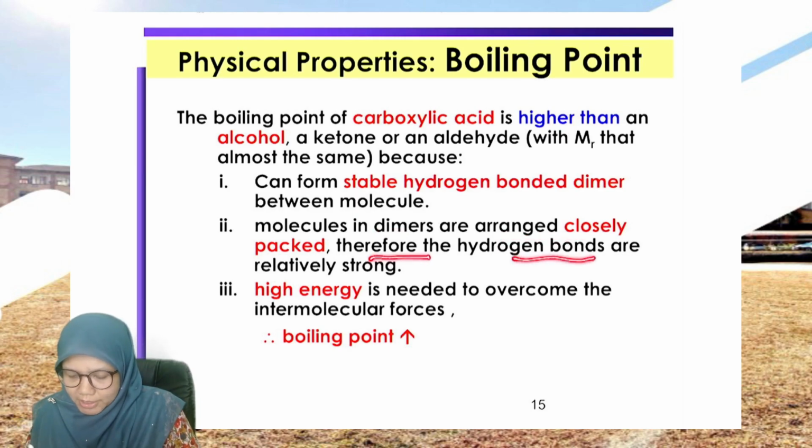Therefore, the hydrogen bonds are relatively strong. High energy is needed to overcome the intermolecular forces and will cause the boiling point of carboxylic acid to become highest.